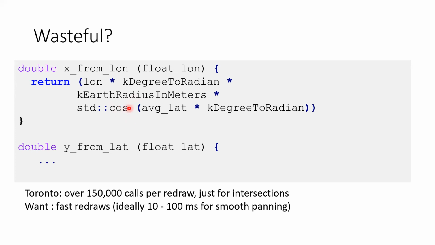And the cosine function is a really slow function. But we want fast redraws because the function will be called many, many times. Ideally, we want each redraw function to take about 10 to 100 milliseconds, and this includes drawing everything, to make your map smooth.